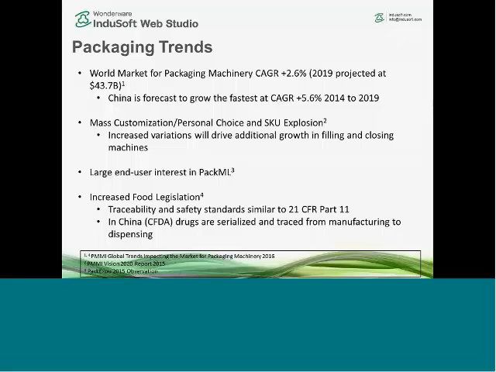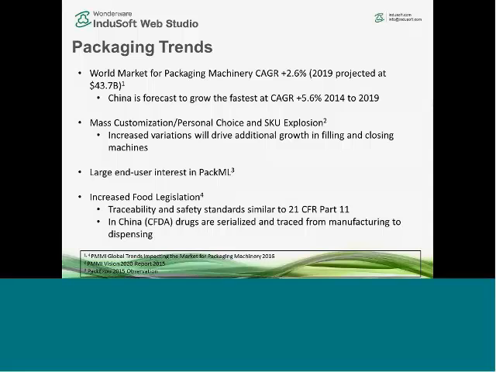Some other things that are happening are mass customization, also known as personal choice, and a huge explosion of different product SKUs, which means a lot of companies are taking the same products and repackaging them in different types of packaging based on choice. I know that sometimes when I order stuff off of Amazon, they give me a choice of whether I want barrier-free packaging. I always say yes, because it often opens easier than those plastic clamshells.